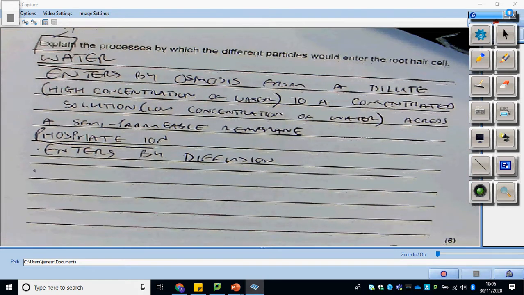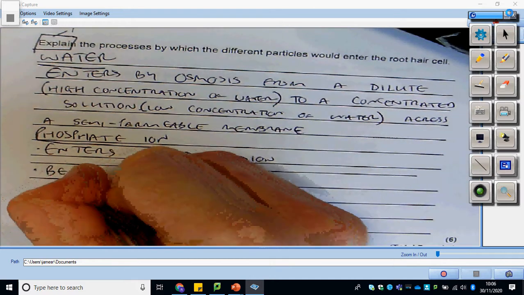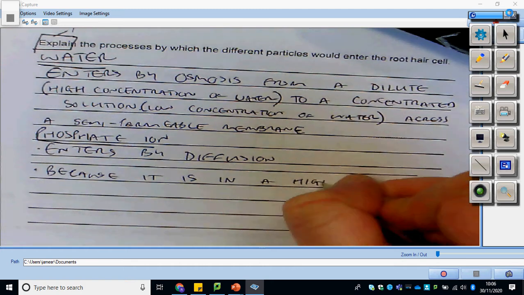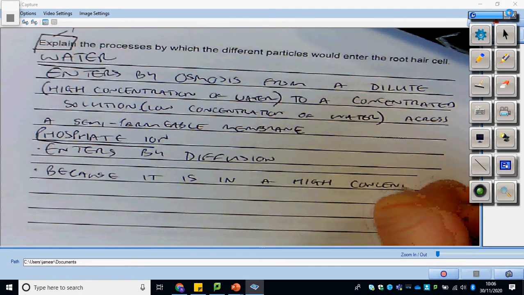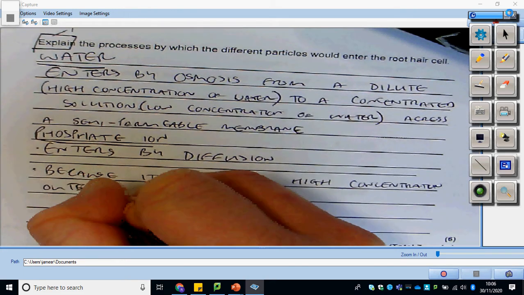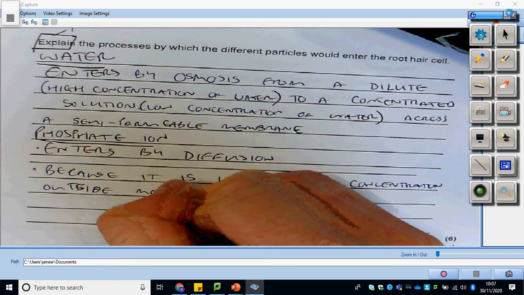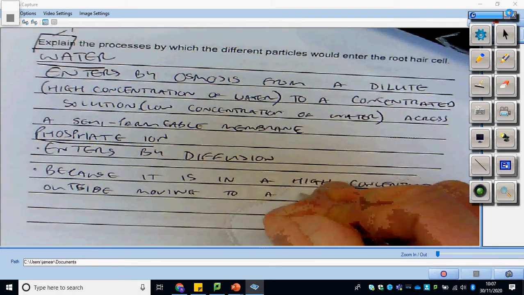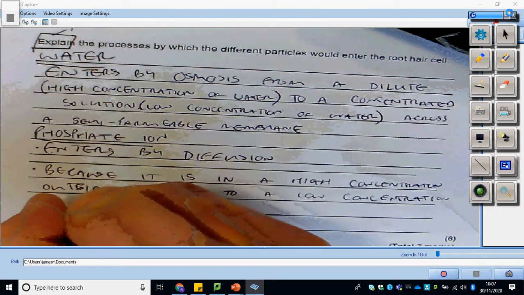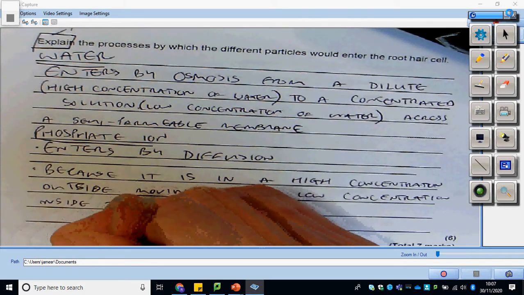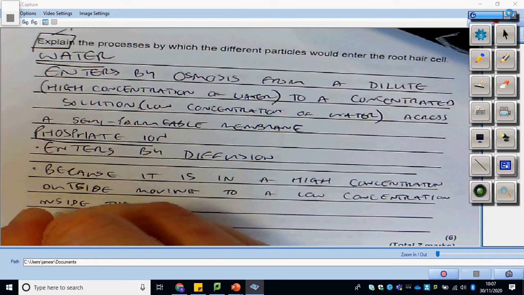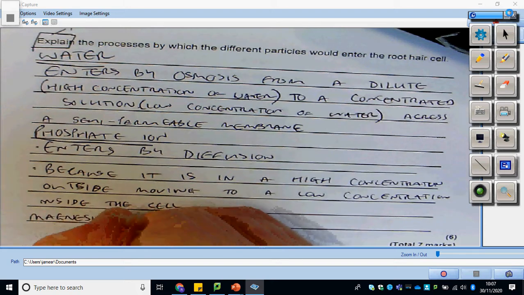And the reason is it enters via diffusion because, there's my key word, it is in a high concentration outside, moving to a low concentration inside the cell. Job done.